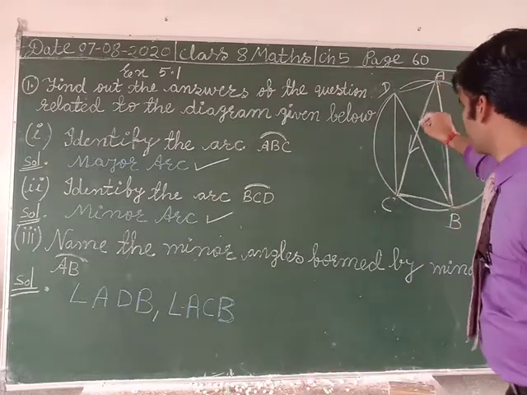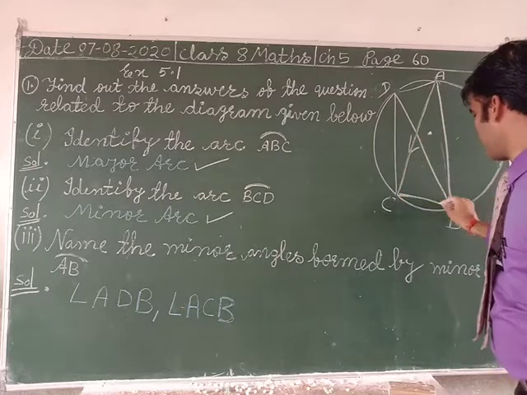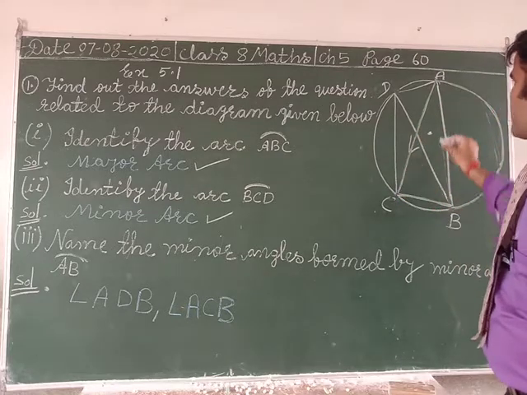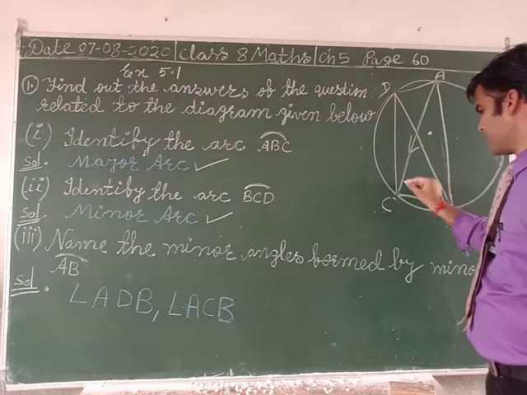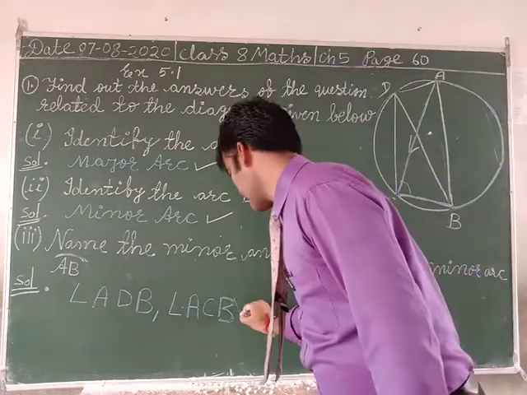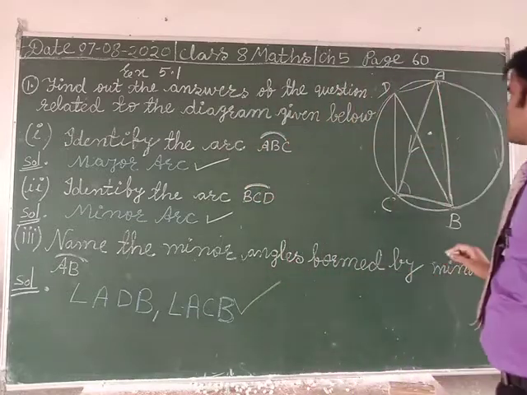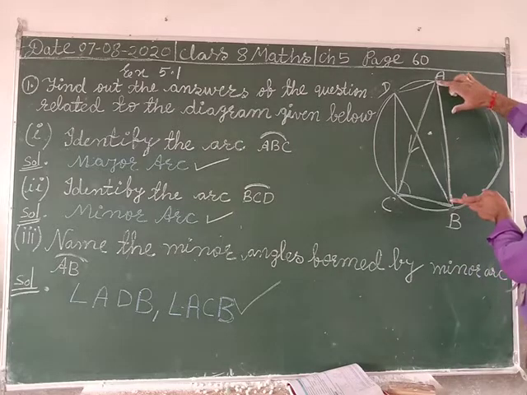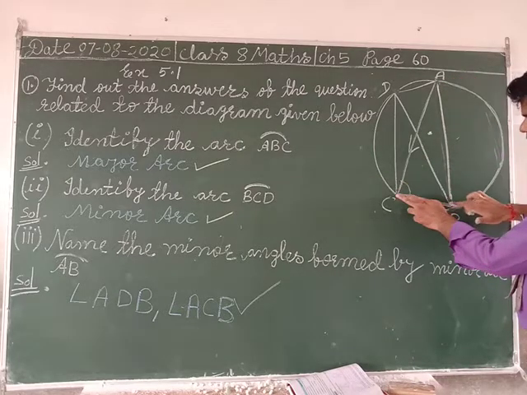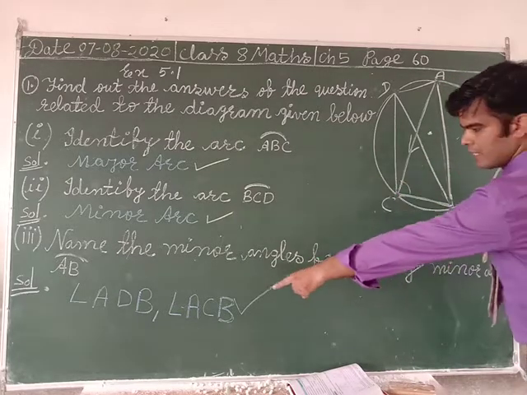A and B form an angle, so this angle's name is angle ACB. I have written angle ACB.